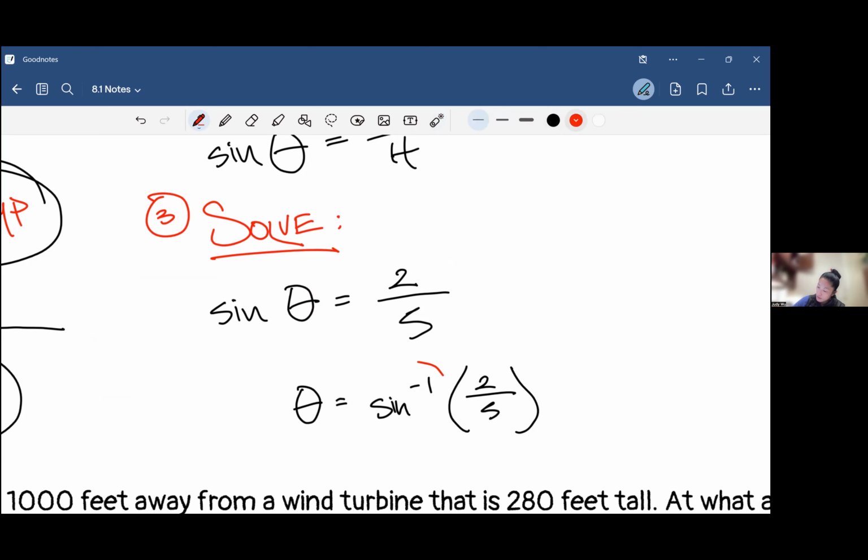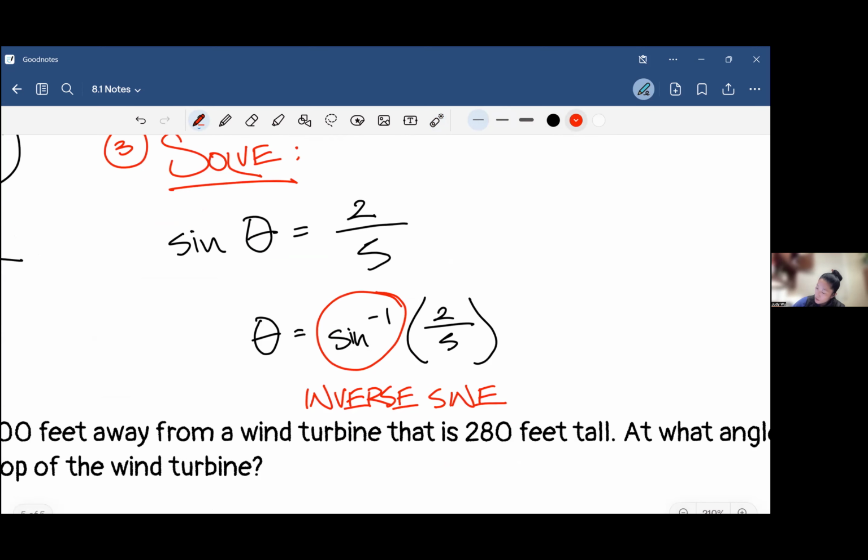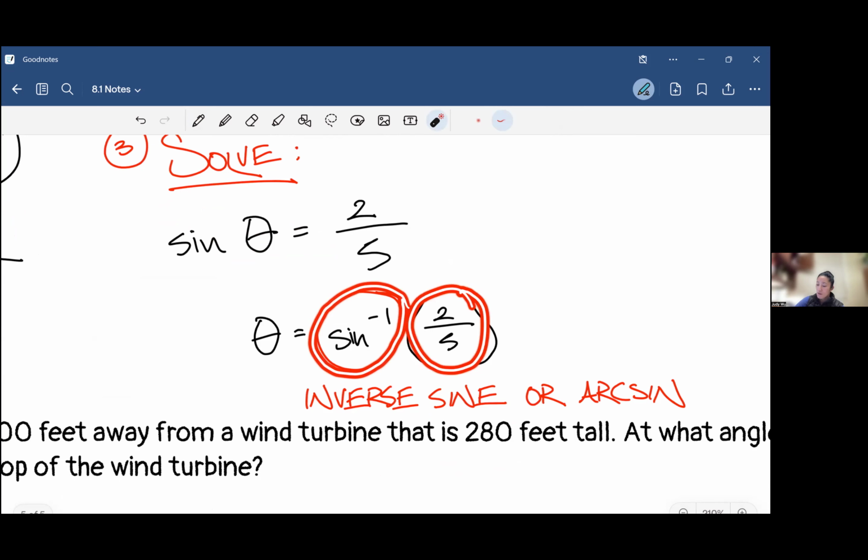Now this sine with a little minus 1 is called inverse sine, okay? So some people say inverse sine, or other people say arc sine, but both of those mean the same thing. They mean that when I type sine with a little minus 1 of a number, the answer I get out is an angle measure.